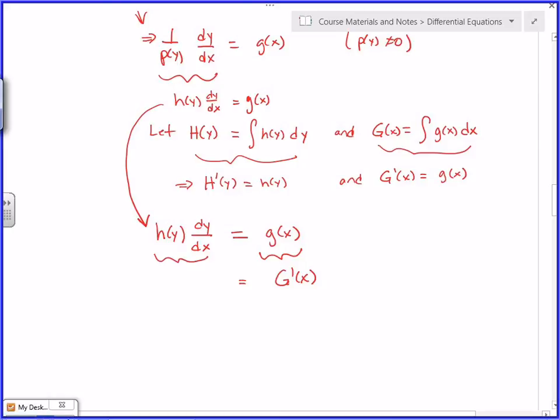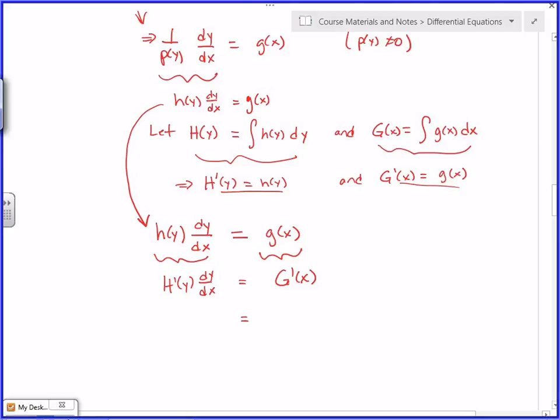I claim this here is H prime of y dy/dx. Again, I just put in what we had from these two lines right here. Replace little g with G prime, little h with H prime.